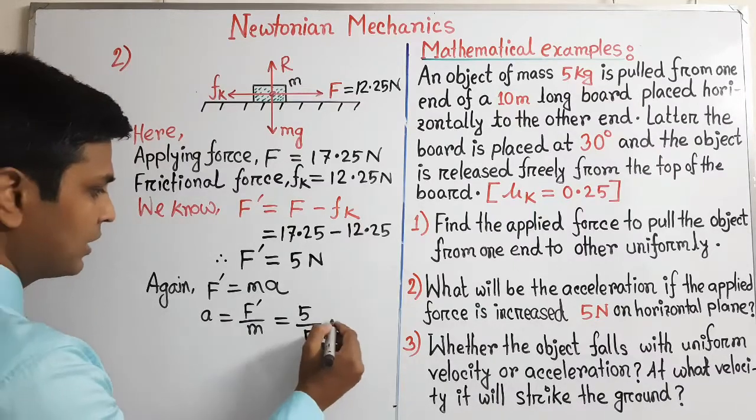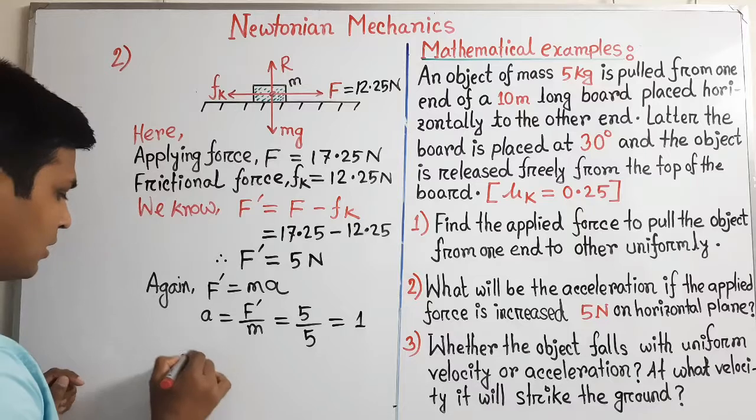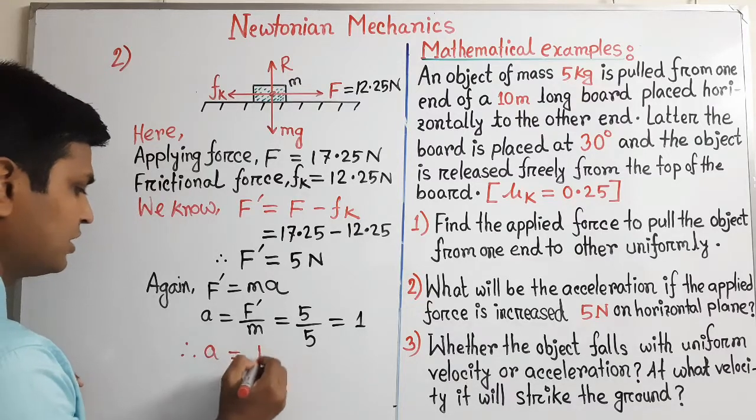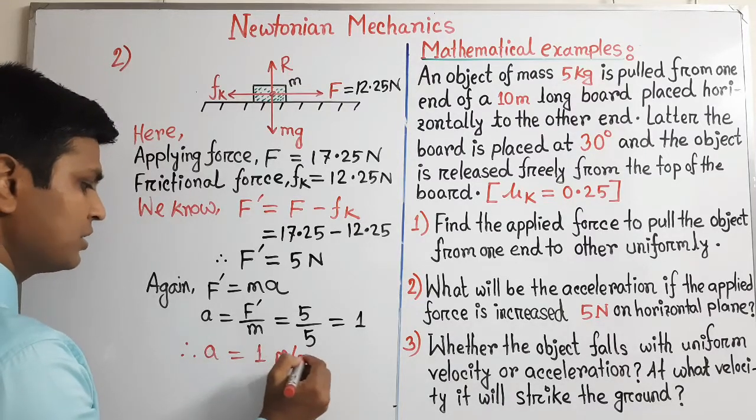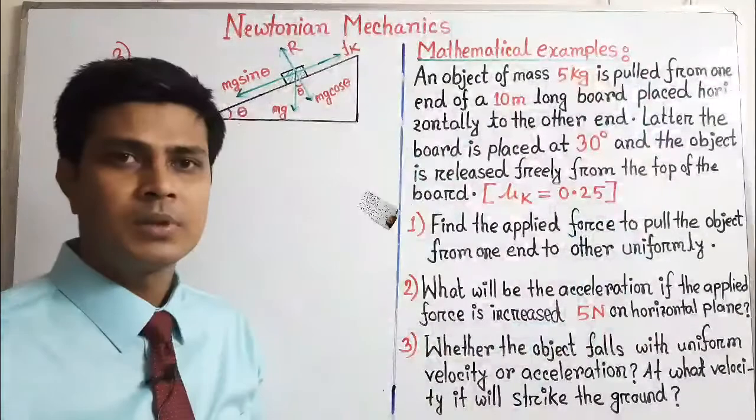So finally we get the answer 1. So we can get acceleration is 1, and the unit is meter per second square. This is the answer of question number 2.